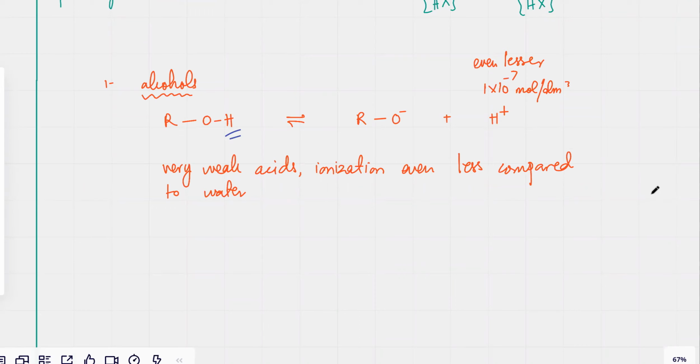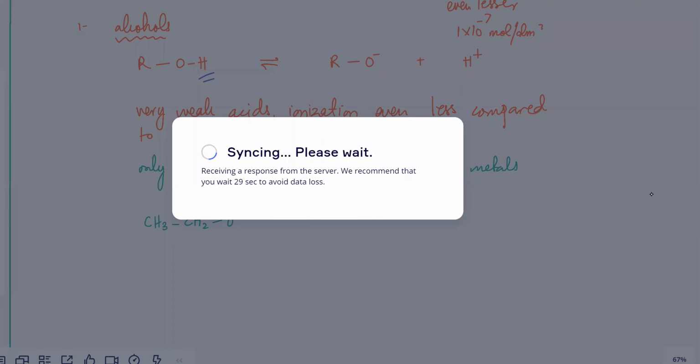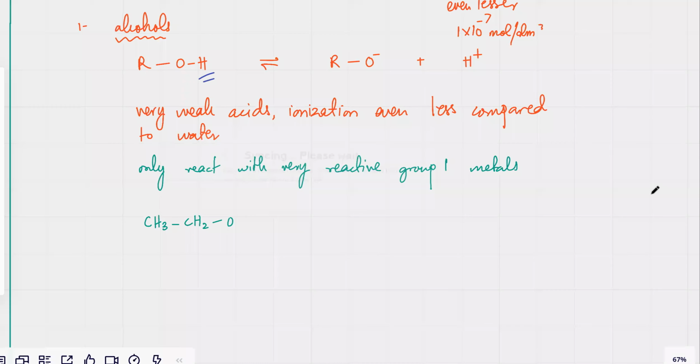And also remember, the only acid reaction that they have is with very reactive group 1 metals. So for example, you have ethanol, which is CH3CH2OH.